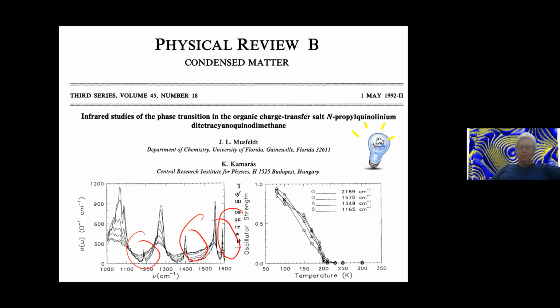Fine. Well, I was always that kind of graduate student who had a plan to surprise my advisor. And so one day I borrowed a diamond anvil cell from my friend, and I had this plan that I would be able to take this organic charge transfer salt, apply pressure, and drive it into the metallic phase, and I would be able to quench this charge order and be able to see a Drude come up.